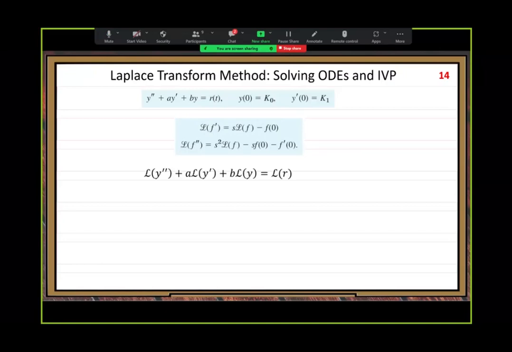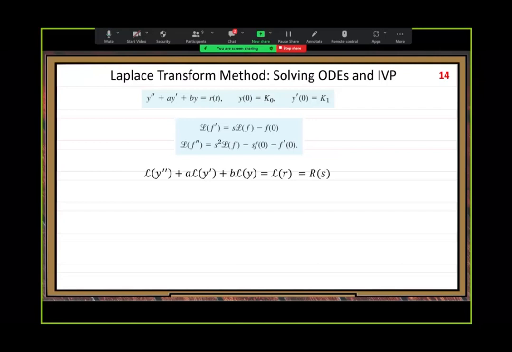Because the Laplace transform is a linear operation, we can apply it term by term by the linearity property. So you can see this simple form.